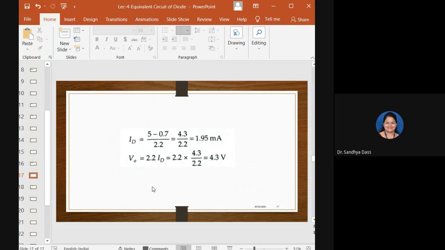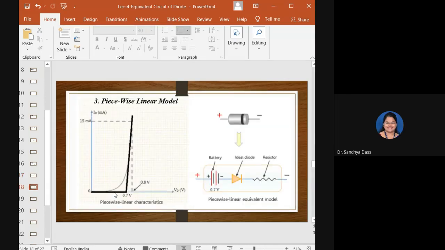The output voltage will be nothing but I into R. So substitute the ID you calculated, and it will be 4.3 volts. Are you all with me? All these are example problems. You might expect all such circuits.